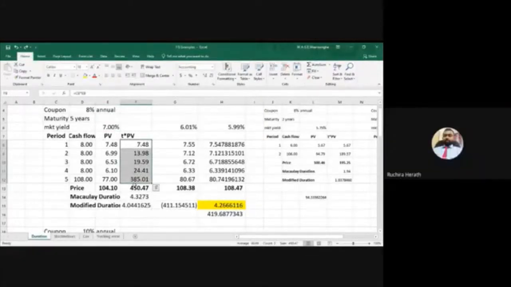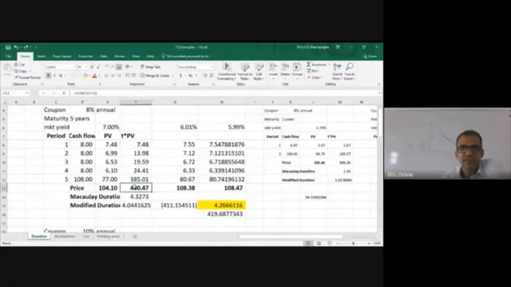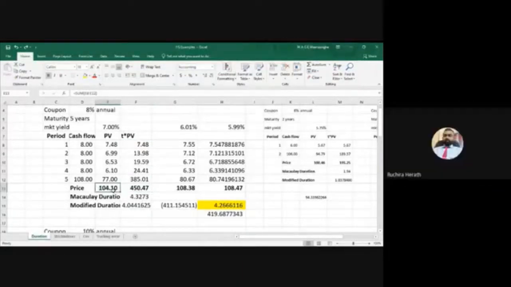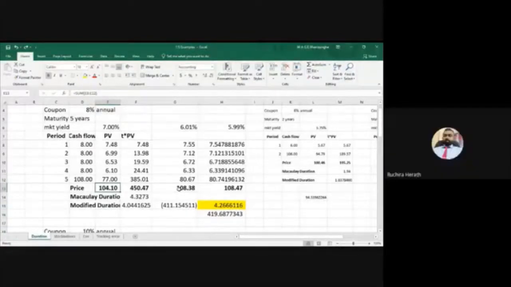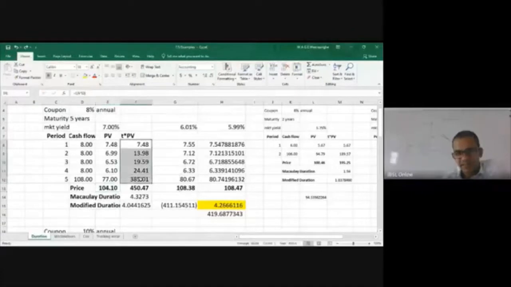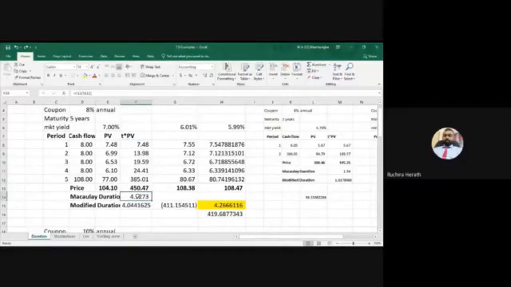And the sum of those is divided by this 104. This is the price. If you go to the equation, it says 1/P into that sum. So this is the sum, and 1/P means divided by price. Right.